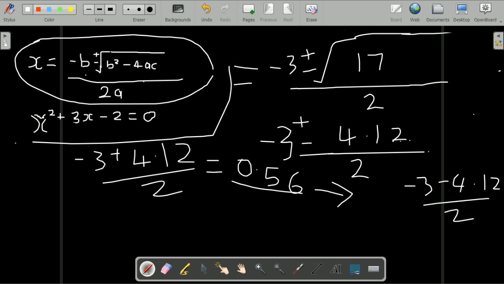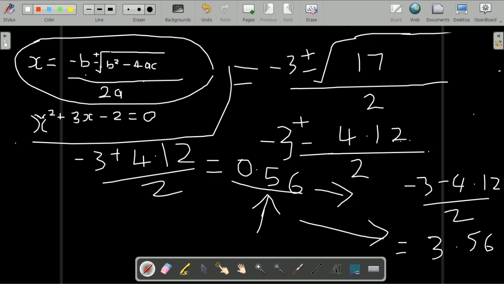So let me get my calculator very fast. Our answer will be negative 3.56. So these are both our answers. This or this. So that's how we use the bulldozer method.